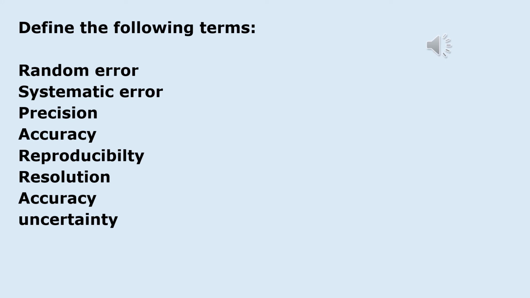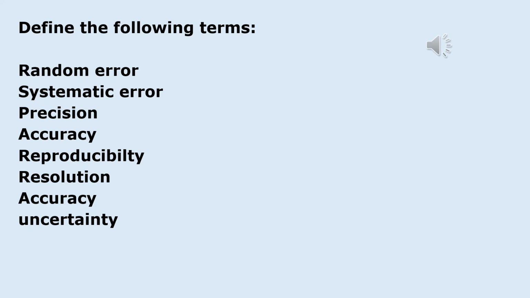I have a number of key terms that you need to become familiar with in terms of working in a lab. First one is random error. Now, a random error is an error that's introduced by quantities or variables that you can't control. So these are things that are happening because of the room that you're in, because of the nature of things.